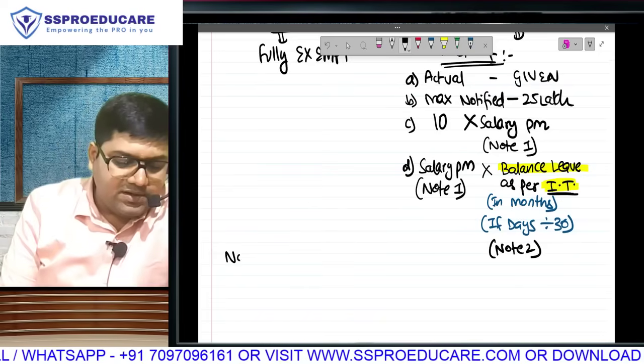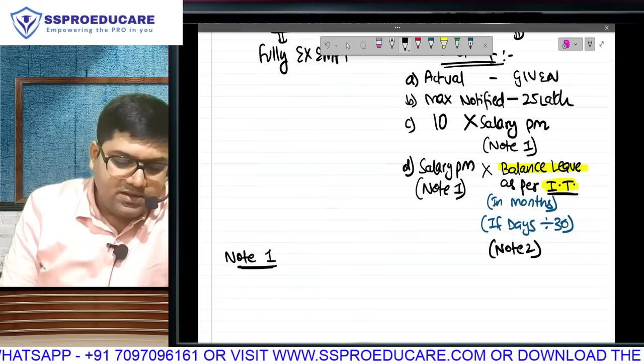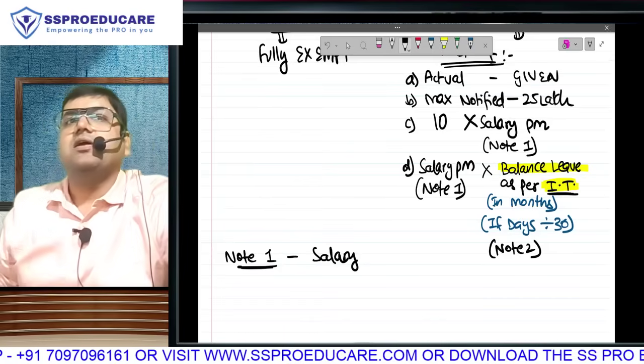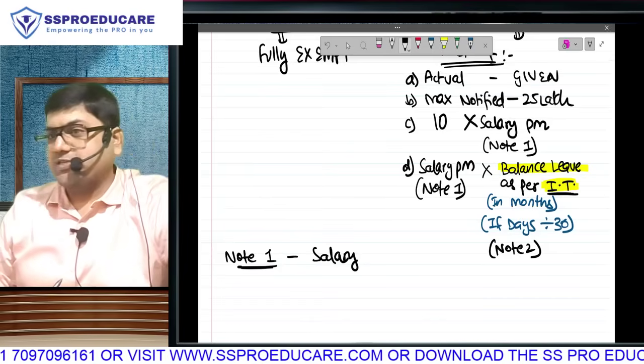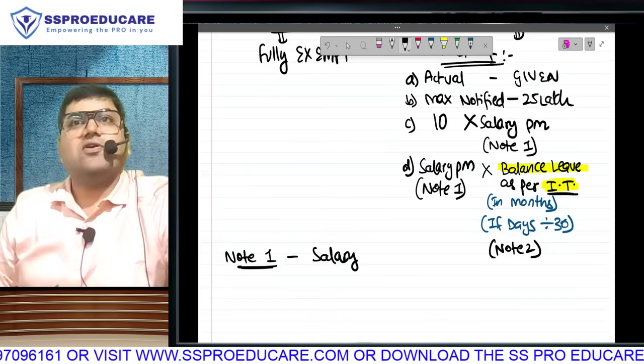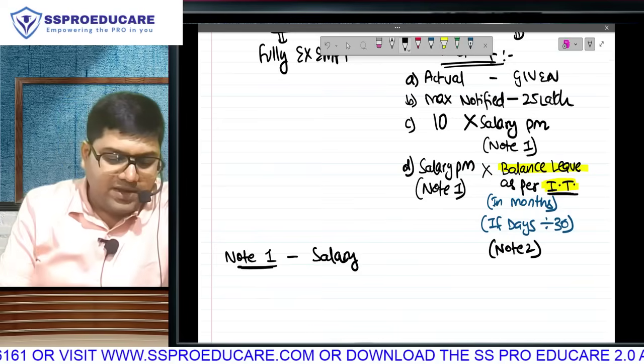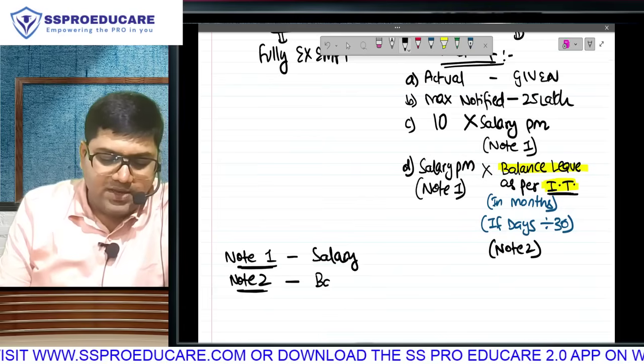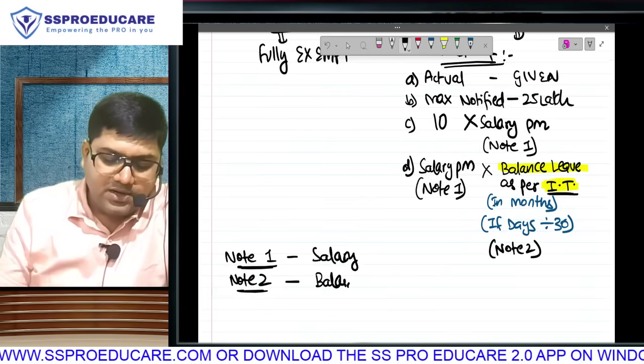Note 1 ke andar we are going to explain what salary will be taken. When we say what salary will be taken, we need to write 2 things: which period ka salary and what components of salary. And when we go to note 2, we will have to write what you mean by the concept of balance leave.